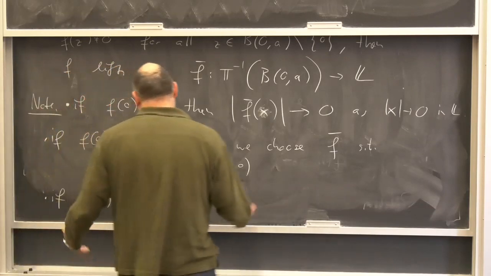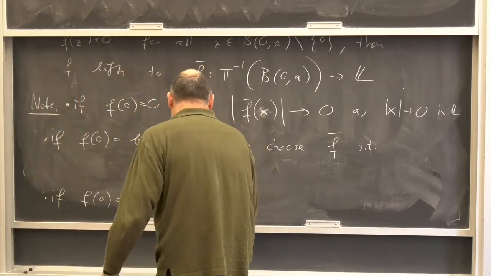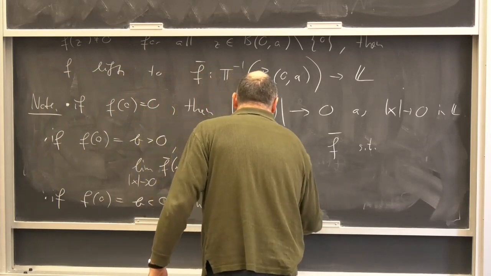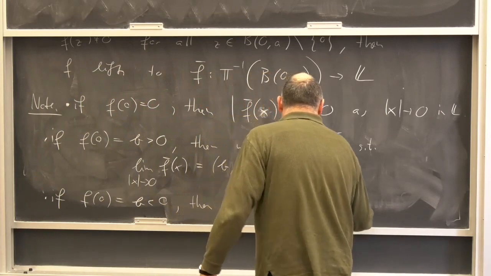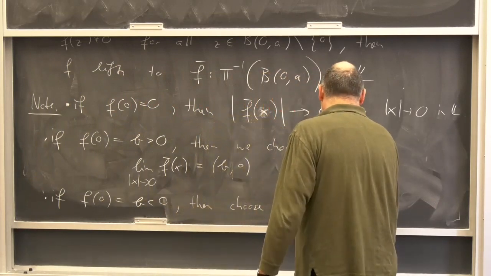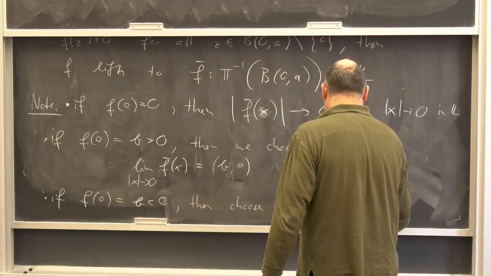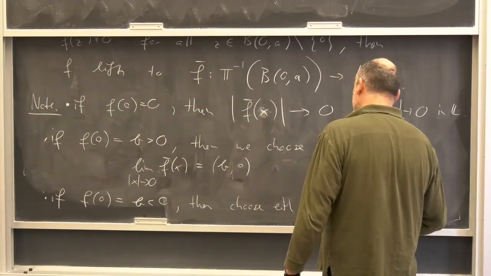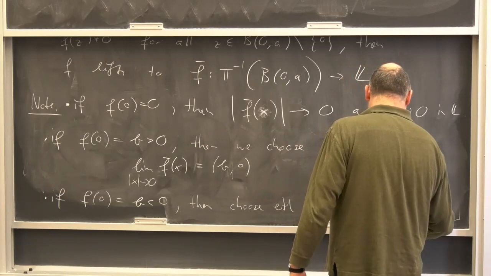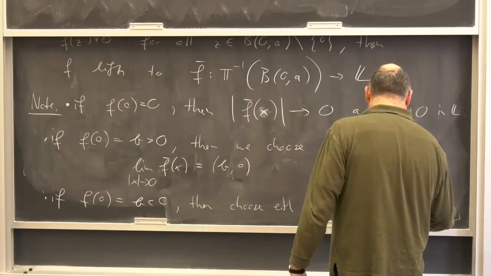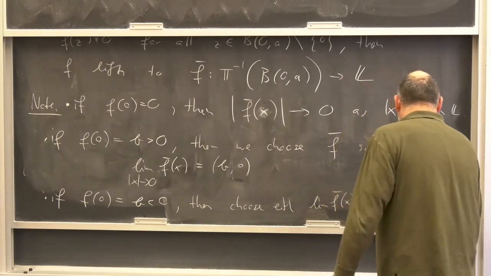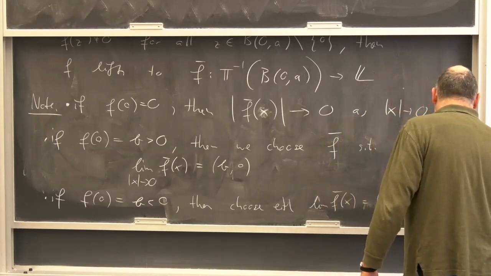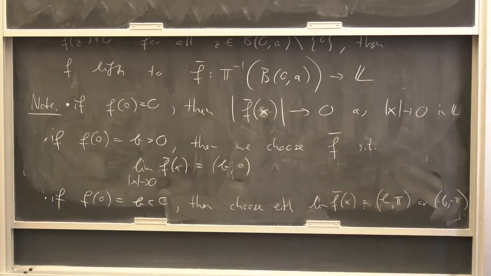So I don't want to make the choice. Then choose the limit of f bar to be either (minus b, pi) or (minus b, minus pi). Any one of those is equally canonical as far as I know.